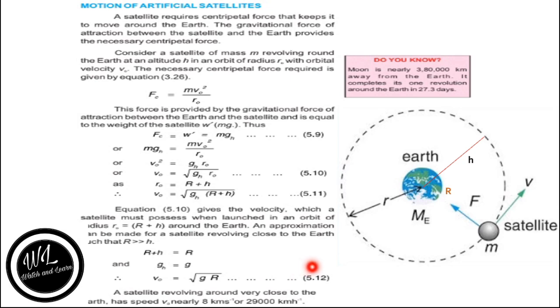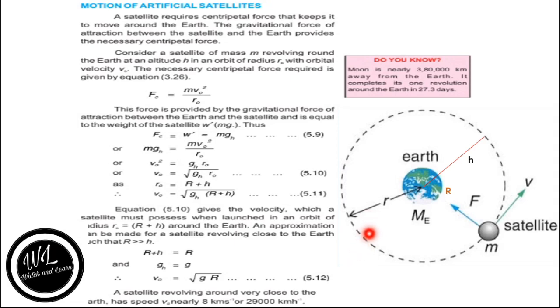Such a satellite has a speed of nearly 8 kilometer per second, or 8,000 meter per second, or 29,000 kilometer per hour.